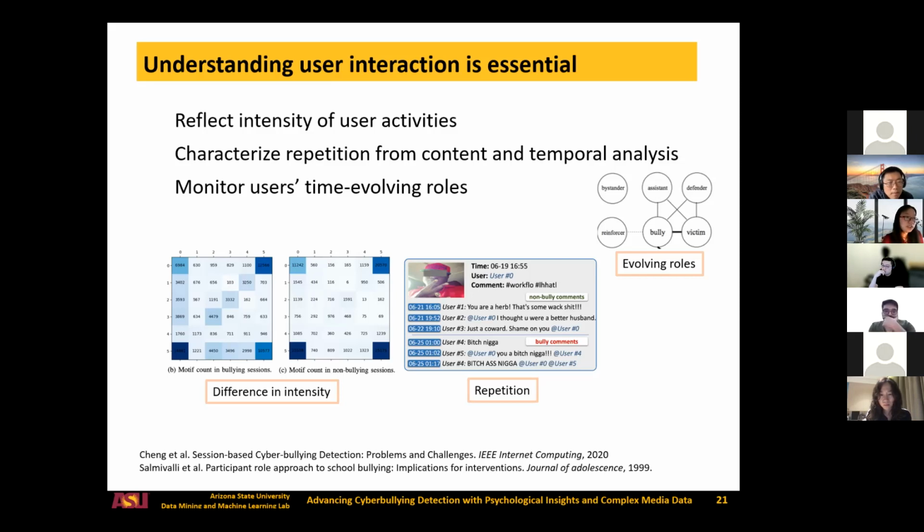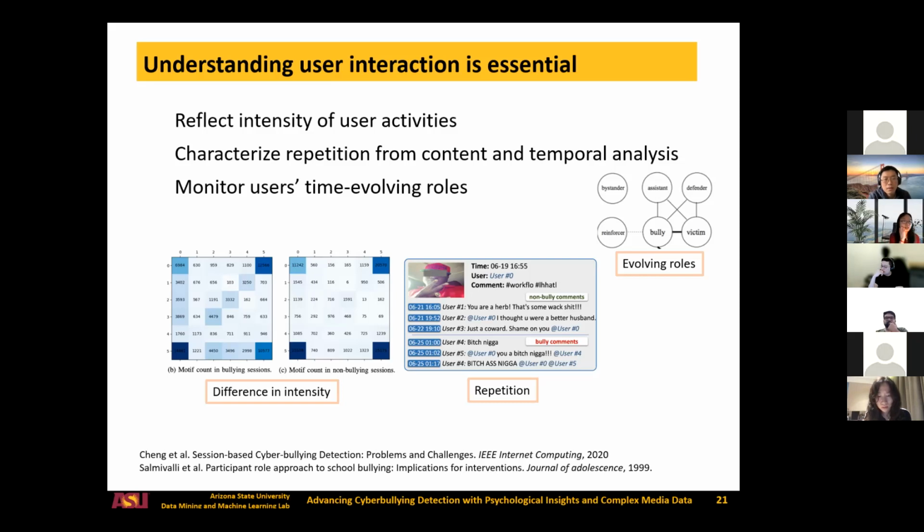And we also need to capture the repetitive pattern in the social media session, to capture those temporal dynamics. As shown in the second figure, in this example of a social media session, we can see that in the bullying session, there are multiple bullying comments appearing over time.